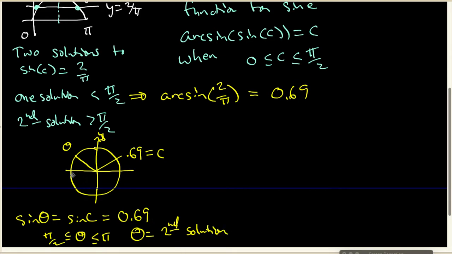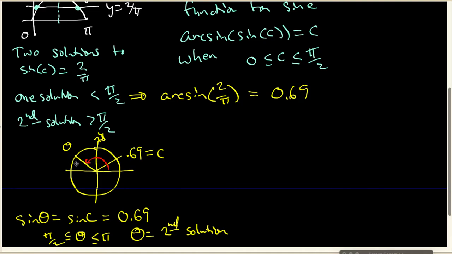And I want to think about, how do I find theta? Well, here's how I go about finding theta. First of all, let's draw this. Let's draw it in red. If I do theta, I get to there.